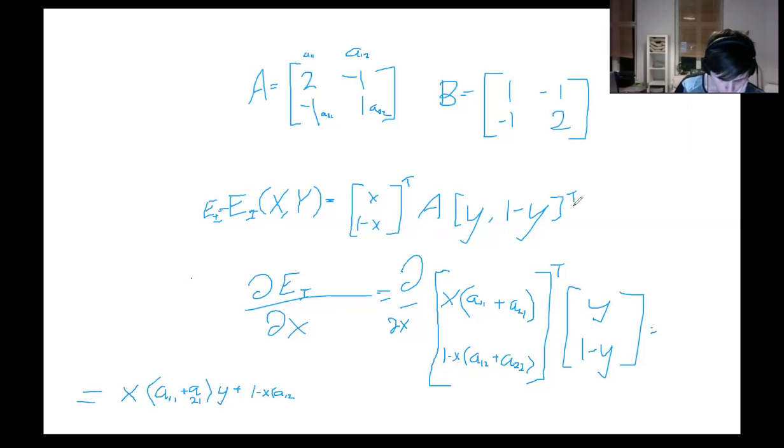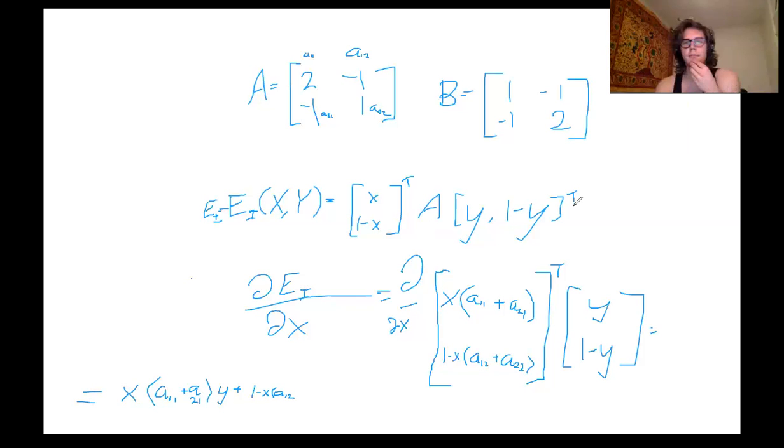Anyway, we don't have to care about the matrix multiplication. It's going to work out if you do it carefully enough. But I'm just going to clear that and write out what happens if we just do the computation, because then we can actually take the derivative of it, and that's what we want to do.